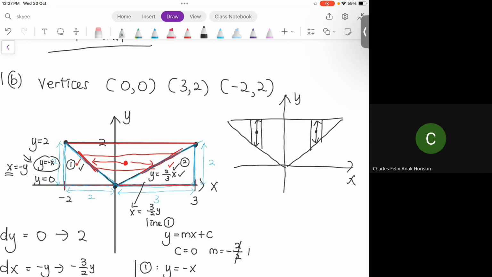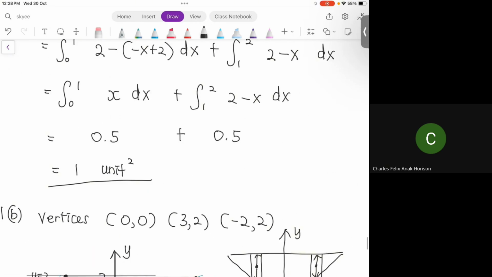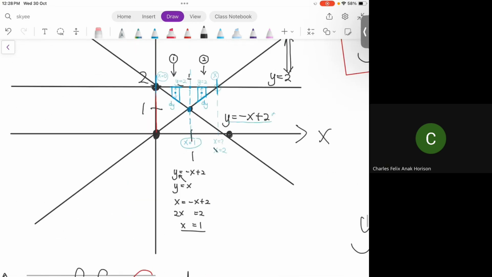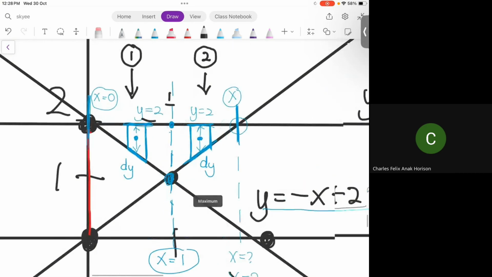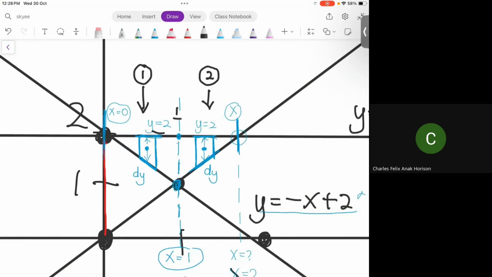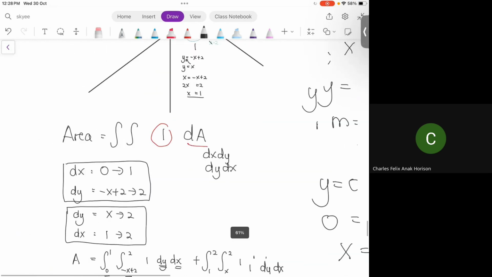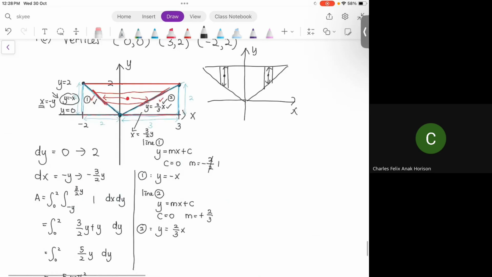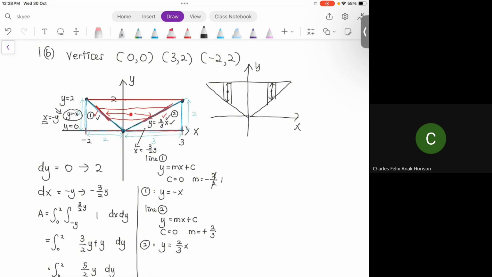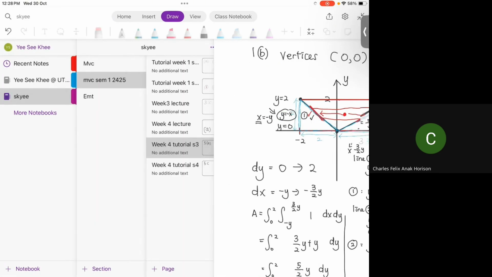So every time you see a region, analyze which technique you want to use, horizontal or vertical. This one is a similar figure, so with vertical I have to split it into two, but if I solve by using horizontal, I only need to solve it once. You can look at the solutions yourself and try it out. Okay, so that's all for today.